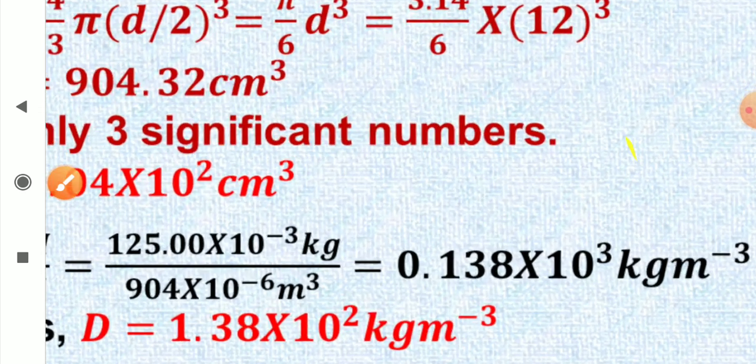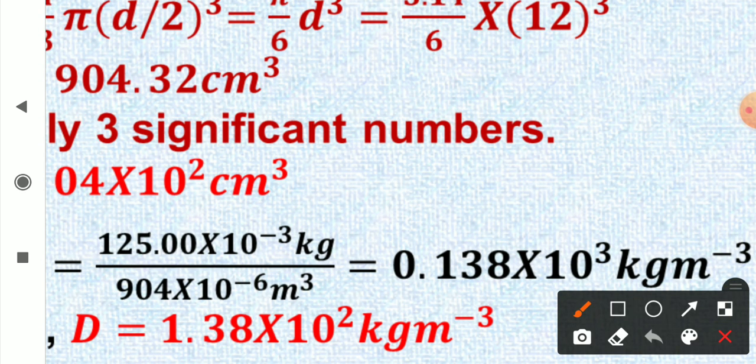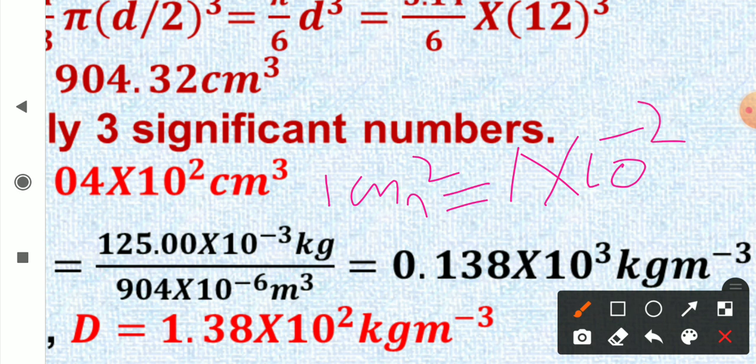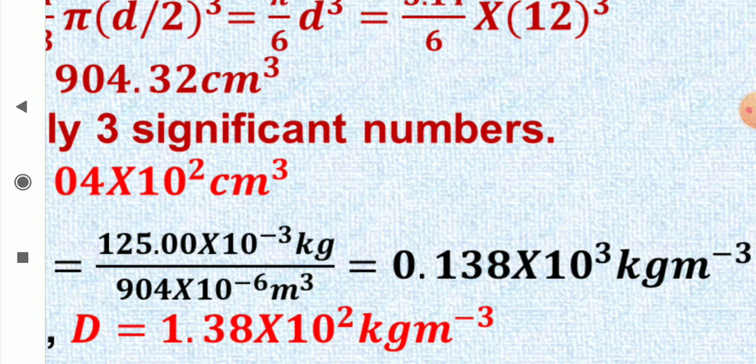and look at it. See, 1 cubic centimeter is equal to 1 into 10 to the power minus 2. See, centi means 10 to the power minus 2 centimeter, and this whole cube. I'll write it once again.